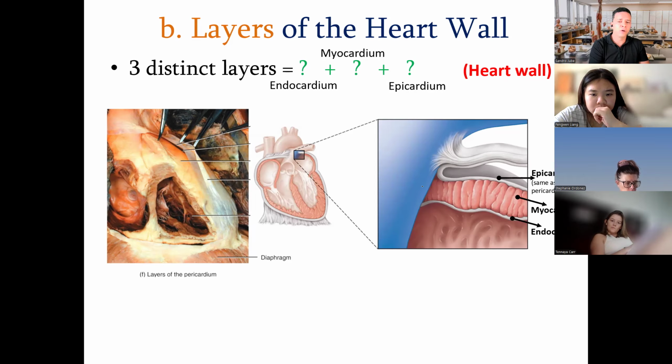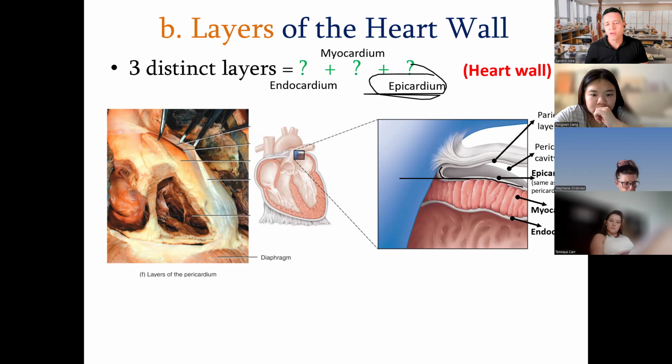We have the visceral pericardium, and we have the parietal. So visceral layer, the parietal layer. And we can see how the epicardium is going to come in here, and then it's going to fold on itself, and then it's going to form the parietal layer on top right there.